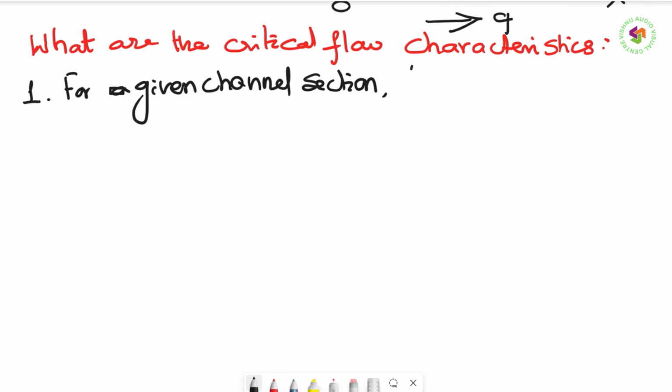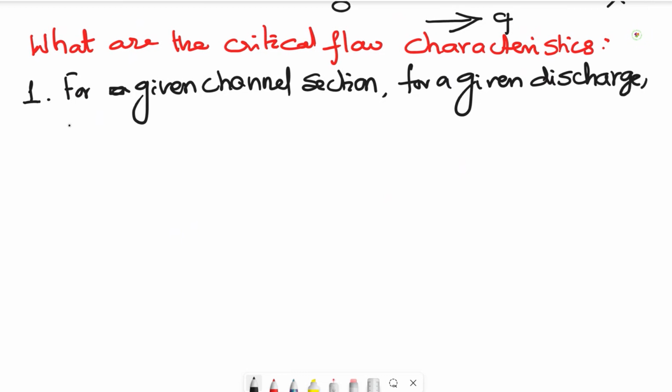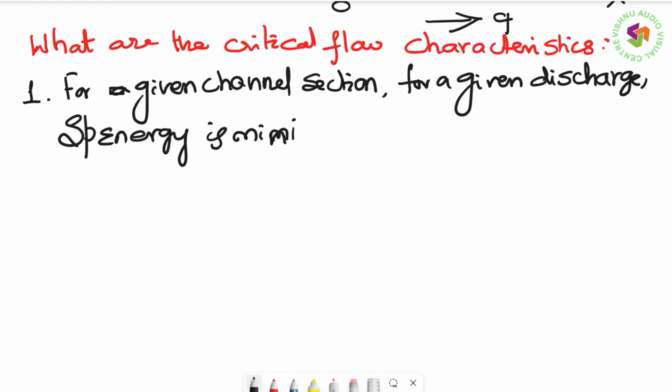And second, for a given discharge, specific energy is minimum. This is the first condition for critical flow.